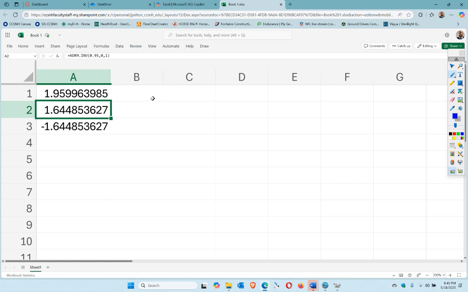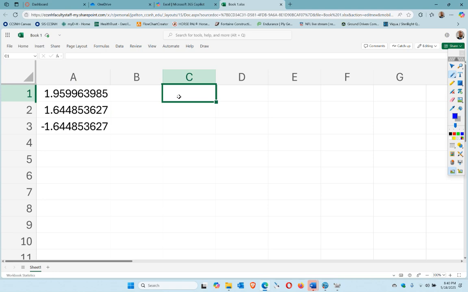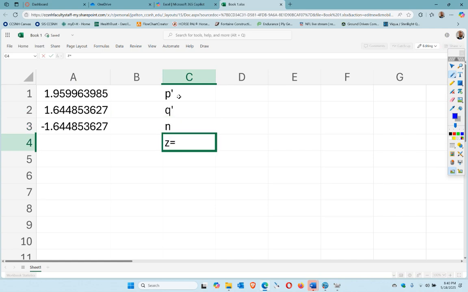Okay, all right, so the things we want to put in here, let's just go to here and put P, Q, N, and Z, right? Notice I put a P with a little quote there because it's not the actual proportion of the population, it's the sample. So we need something to signify that it's the sample, essentially.